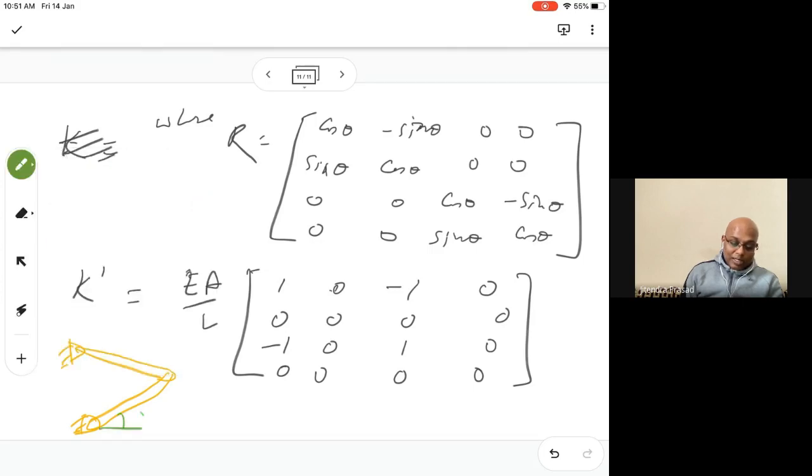So for that, this is θ1, and for that, this is θ2, right? And then you put those values. So for these two elements, you get the stiffness matrix, and then you assemble them, and after that, you can solve the problem.